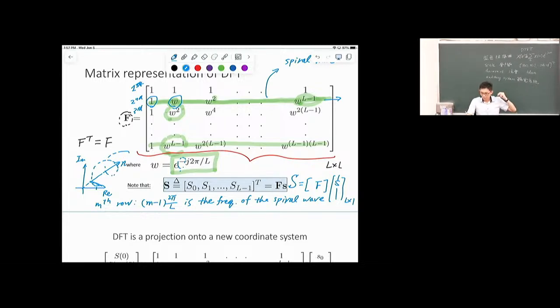But at the same time, what does it mean to perform matrix multiplication? There are different ways to interpret that, okay? When we multiply a vector with a square matrix, one way to look at it is that what we are doing is performing inner products. We're performing the inner product of every row with our signal.